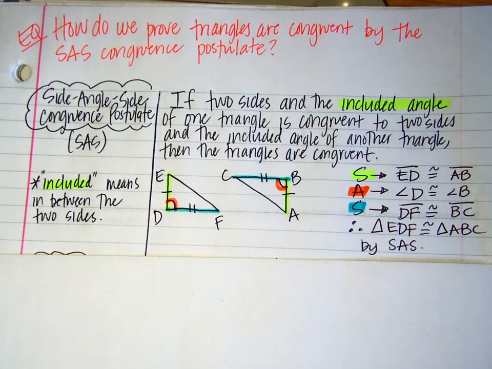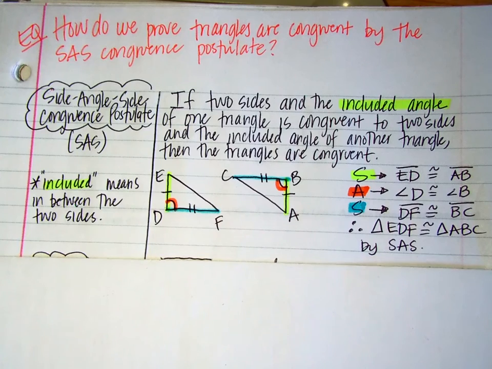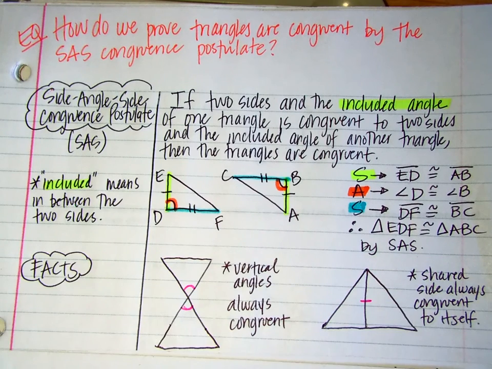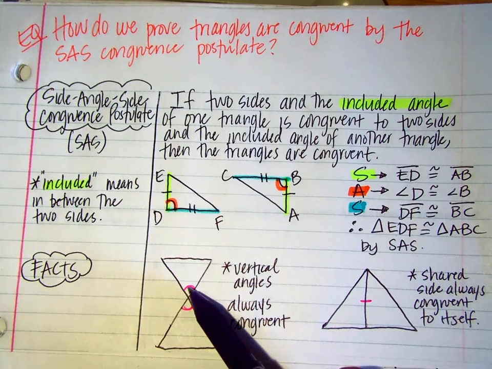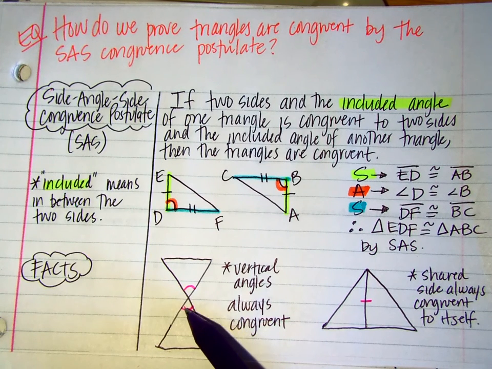Now, a couple of facts that I would like you to remember from our last video. We talked about vertical angles, and we also talked about a shared side. It is a fact that vertical angles will always be congruent to each other. So this marking is one of those very few markings that are acceptable for you to actually mark on your triangles, because this will always be true.